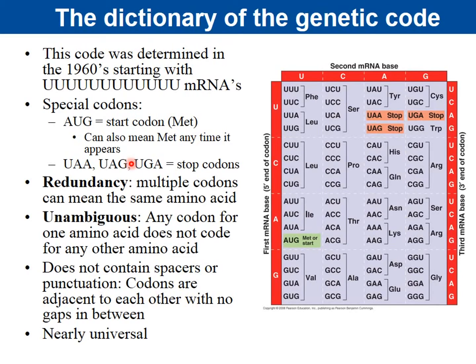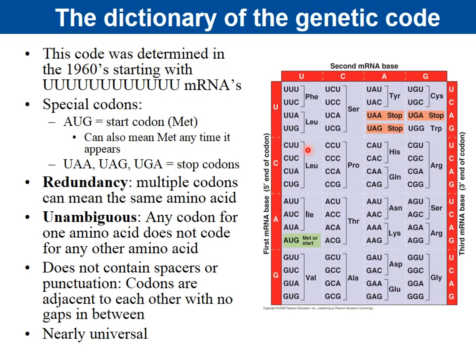So, if you look at this, there's a few other features that we need to refer to. The first is that the genetic code shows something called redundancy. And that is that multiple codons can give you the same amino acid. Notice here, for example, C, U, and any third nucleotide gives you leucine. U, U, A, or G also gives you leucine, right?